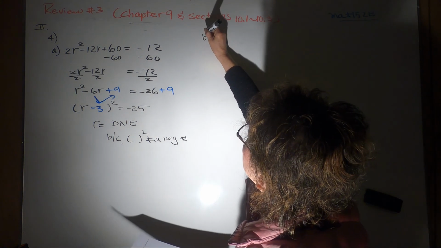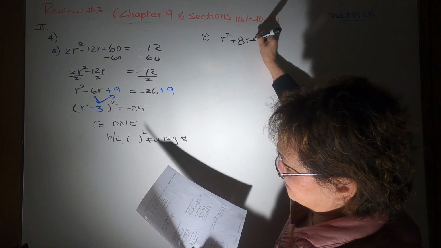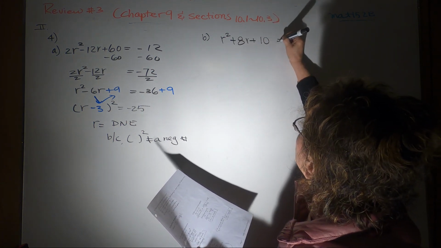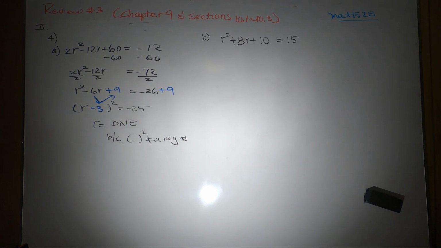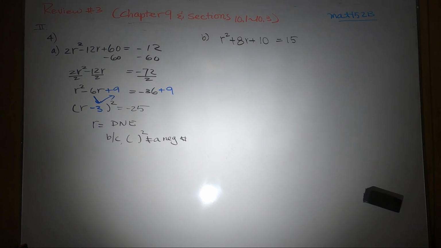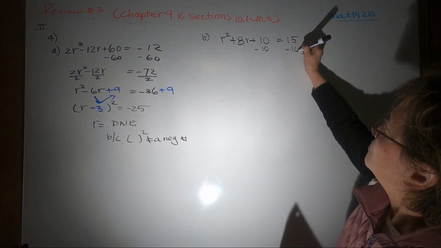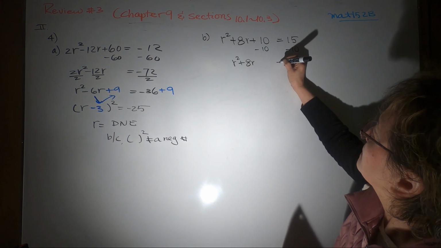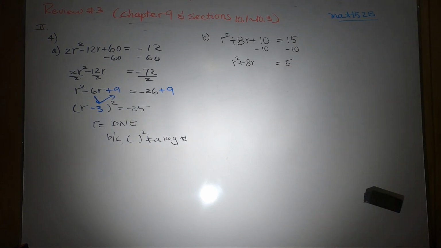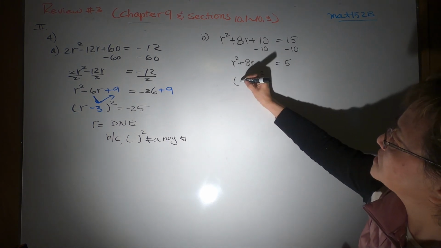All right, next one, if you have r squared plus 8r plus 10 equals 15. We want you to practice more on completing the square. Okay? So first, we move the number to the other side, right? Then we want to make it a complete square.